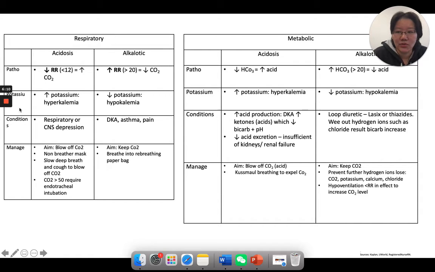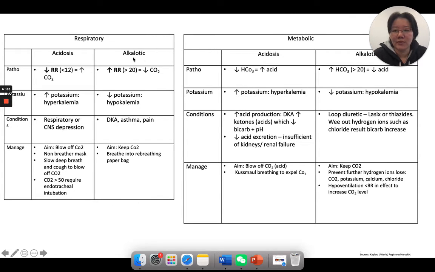And then what happens to our blood volume and electrolytes? For the conditions, see the patho: decreased respiratory rate. Anything that decreases our breathing rate is going to cause respiratory acidosis. Managements are as follows.